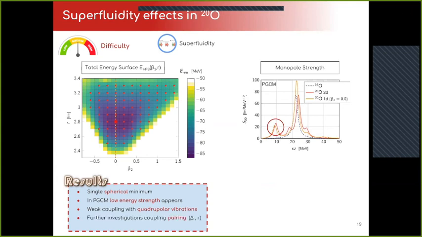In order to tell a bit more on this possible appearance of low energy strength, the next step will be to compute a similar calculation, but constraining at the same time the mean square radius and the pairing parameter delta instead of the deformation beta 2 itself.